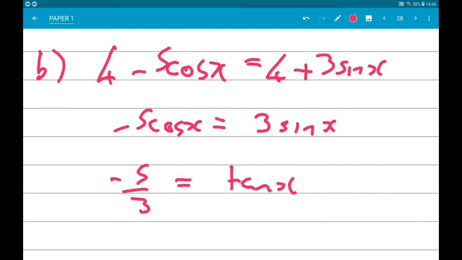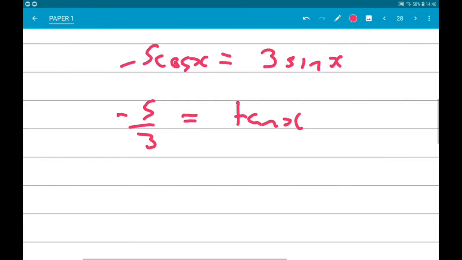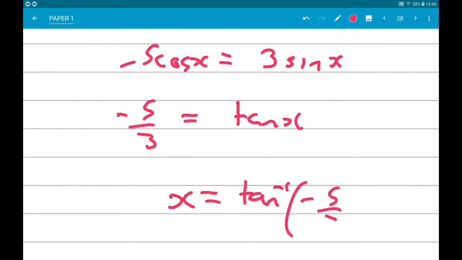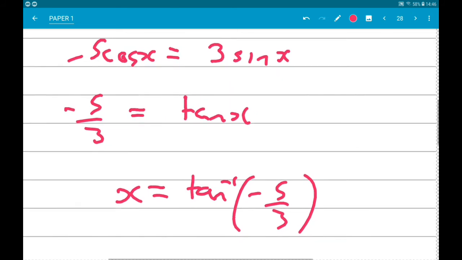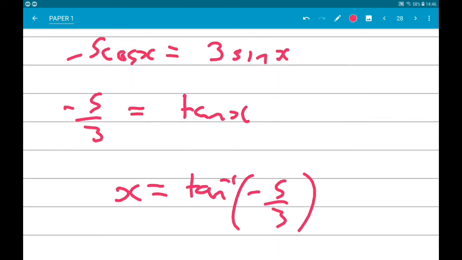Now, so we would get x is the inverse tan of minus 5 thirds. Now though, that gives us minus 59 degrees, which is outside of our interval.